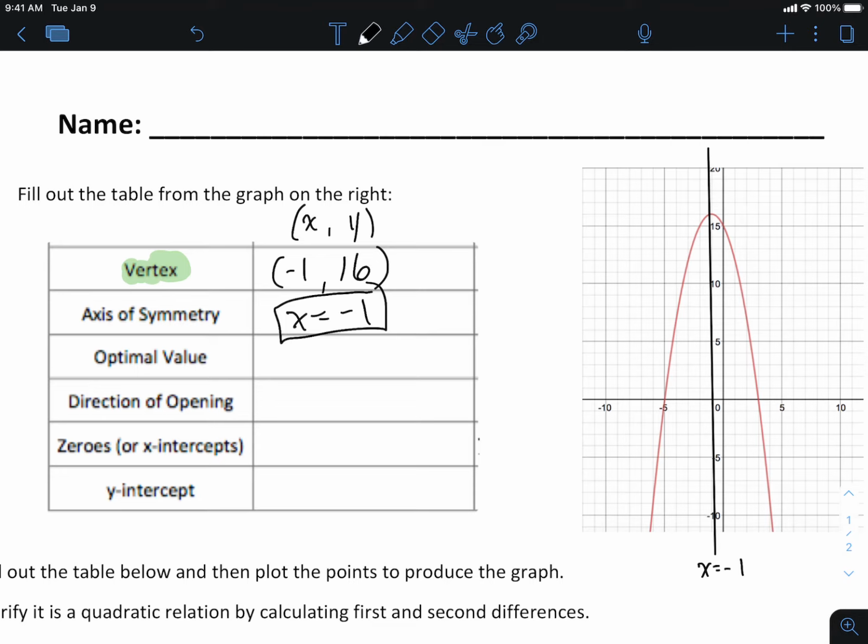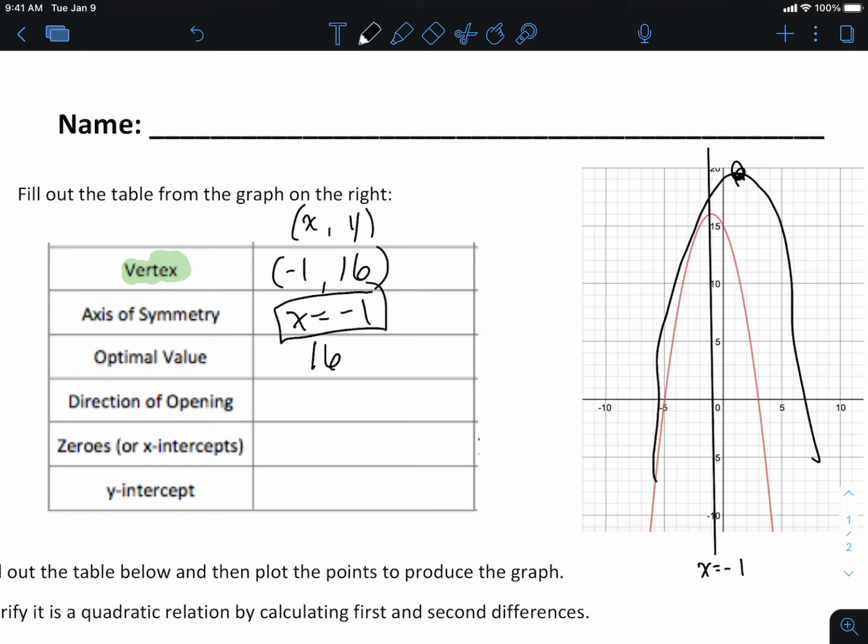Okay. The optimal value. Most of us said, okay, we know what the optimal value is, which is great. We said it's 16. Well, it is 16, but is it a maximum or a minimum at 16 is the question you need to decide, right? Remember, if this was a mountain, mountains look like this, right?